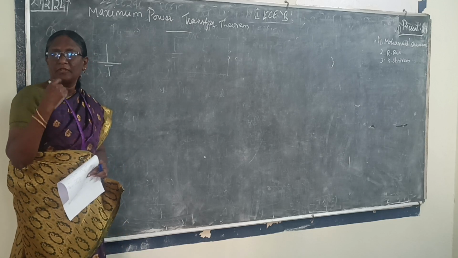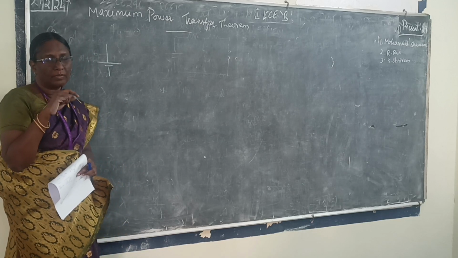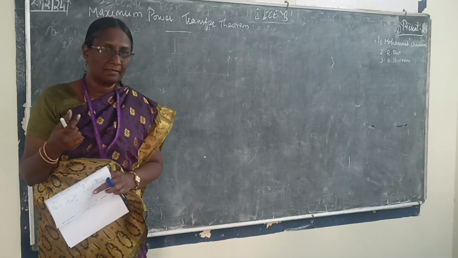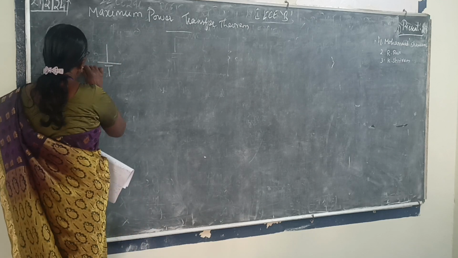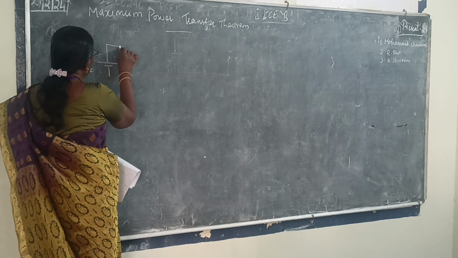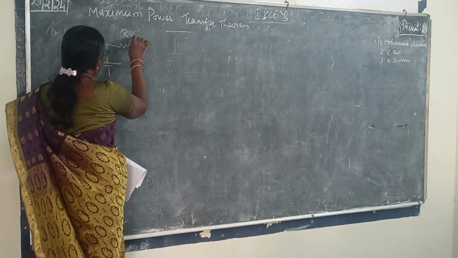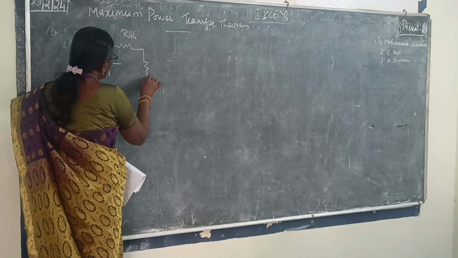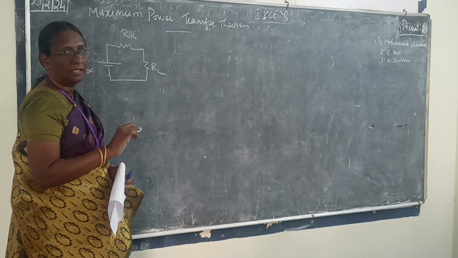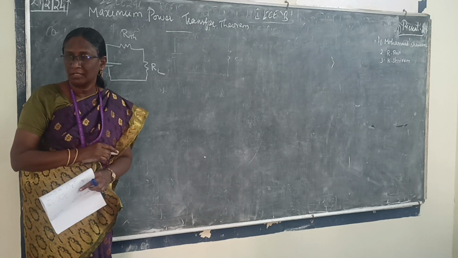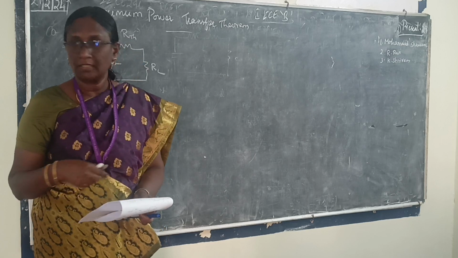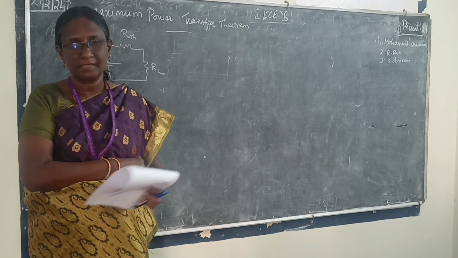From this circuit we are going to calculate the open circuit voltage, that is the Thevenin voltage, as well as the Thevenin resistance. So take down the Thevenin voltage, otherwise open circuit voltage VOC, and Thevenin resistance RTH along with the load resistance RL. So in this circuit, at what condition is the maximum power transferred?